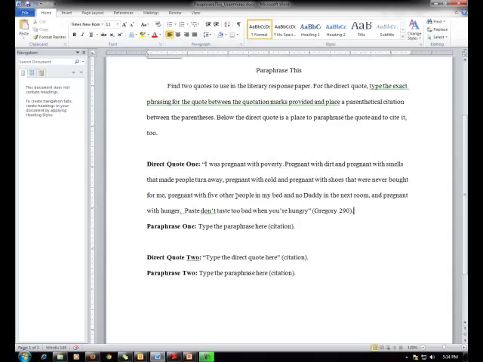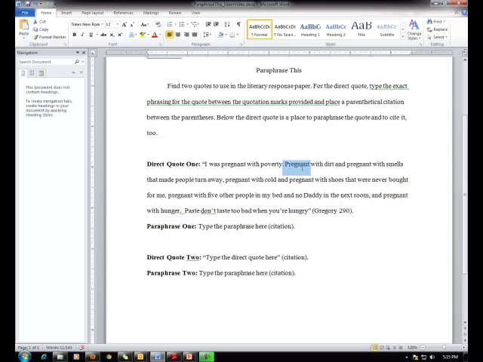And just to go back to this quote, if my paragraph where I want to put this quote is all about food or the idea of hungriness, I would pick out the couple of sentences that really illustrate that. These last statements really have to do with hunger.